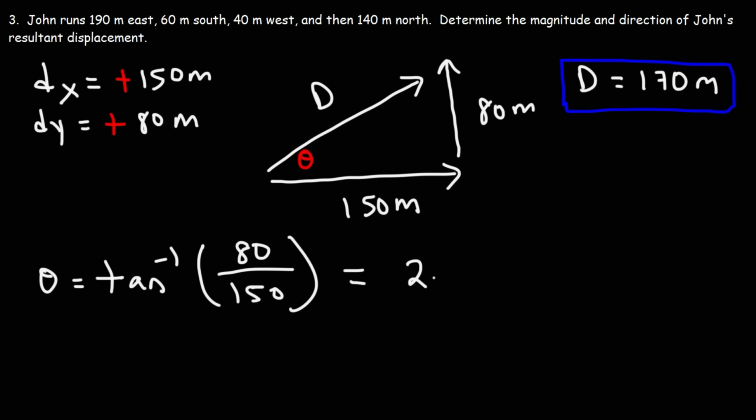So that's going to be approximately 28.1 degrees. Now we could say that's counterclockwise from the positive x-axis, or we could say 28.1 degrees north of east.